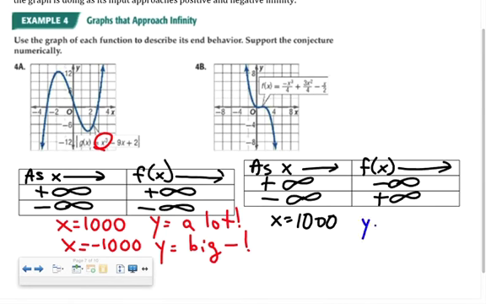It's actually y equals negative 24,924,000. Oh wait, no. I put my comma in the wrong place. That's how big this number is. So, once again, this is a big negative number.